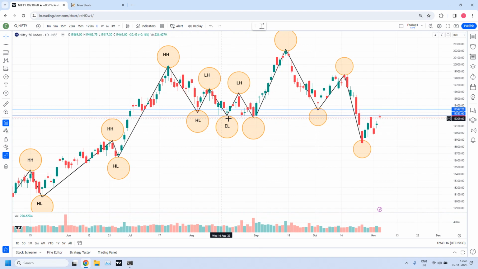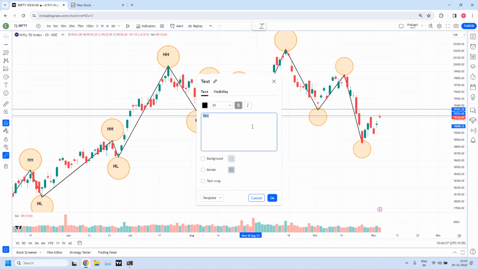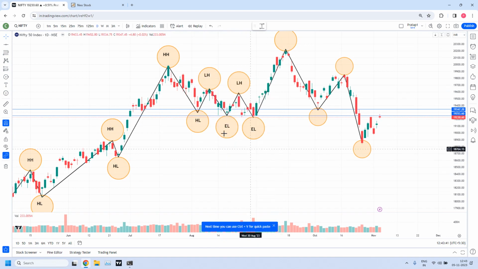Okay, and what about this? See, this low and the next candle low, they are almost the same, a few paisa difference in the price, few points difference. So that's why this is also again equal low. See, because of this equal low, our sideways trend is continuing.